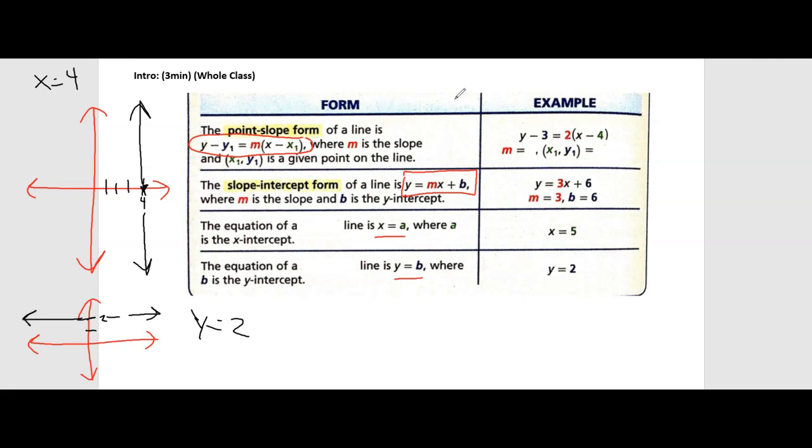When they say the equation of a is the x-intercept, that just means that that's a line that goes through that x value. In this case, it's x equals 4. Same thing for y. If you have an equation y equals a number, that is just a horizontal line that goes through 2 on the y-axis. Okay, let's start putting these equations to use.